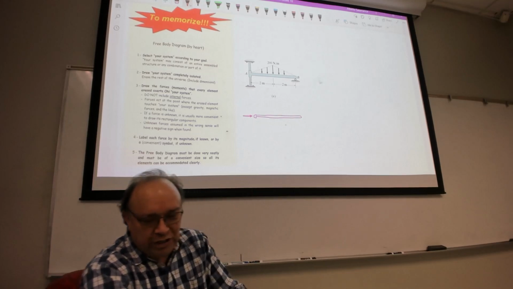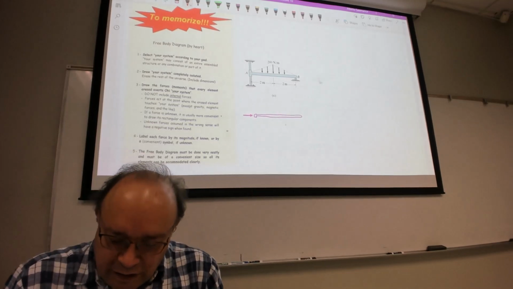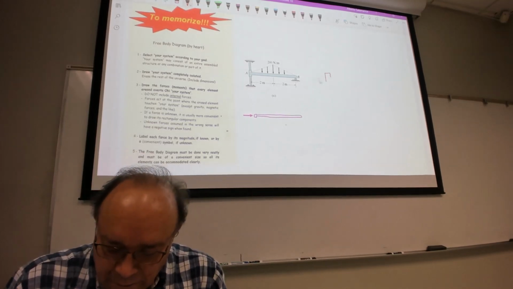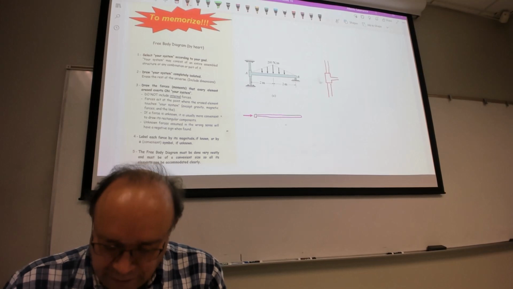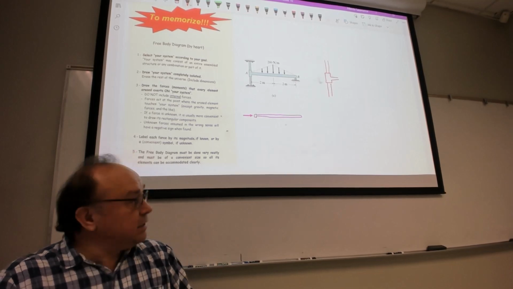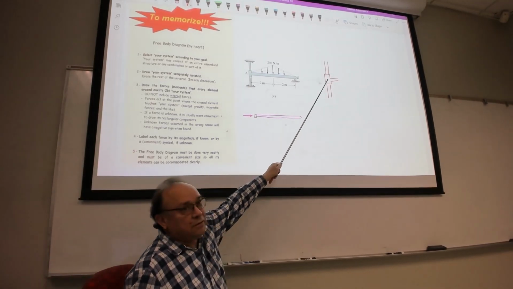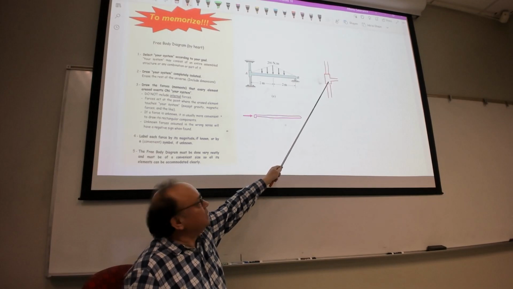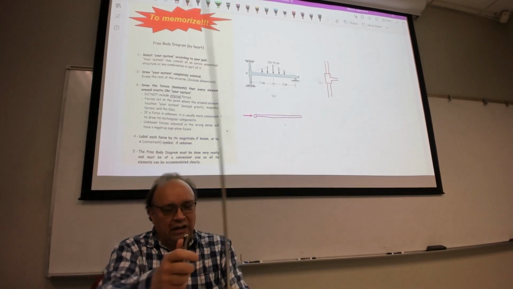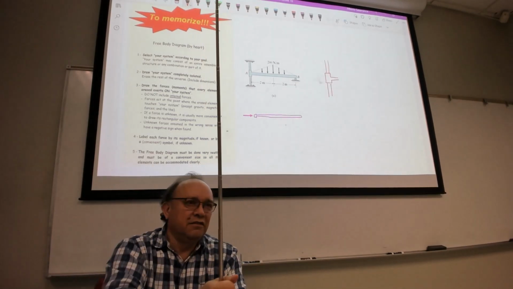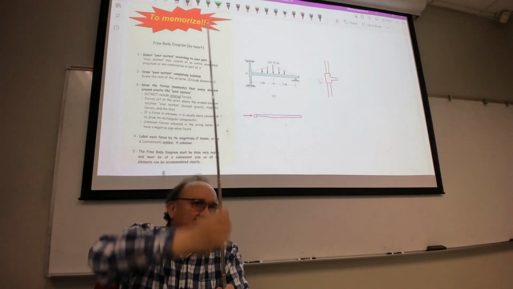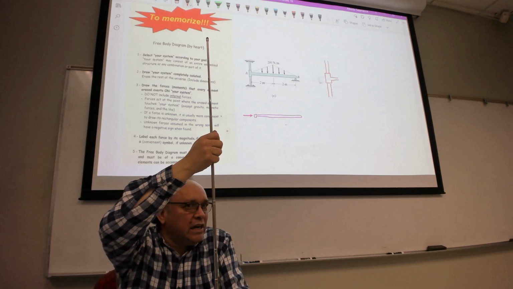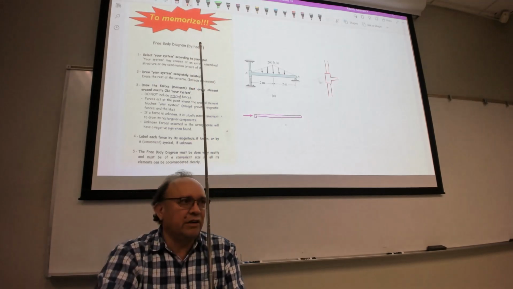Imagine the support just by itself. Can you move this up and down? Yes. It's like a collar here, and it slides down or up. If I push up or let it go down, nothing will avoid this motion, right?